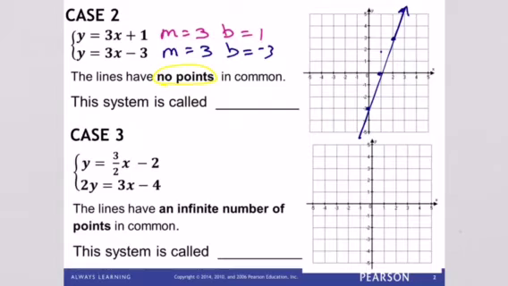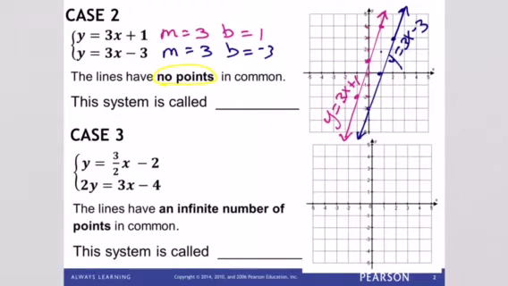Don't forget the arrows. And then before I label it, I'm going to graph the other line because I don't know where it'll be. So my y-intercept is 1, my slope is up 1, 2, 3, and over 1. I go down 1, 2, 3, and over 1. Graph the line. Okay, there's my second line. So the pink line is y equals 3x plus 1, and the blue line is y equals 3x minus 3.